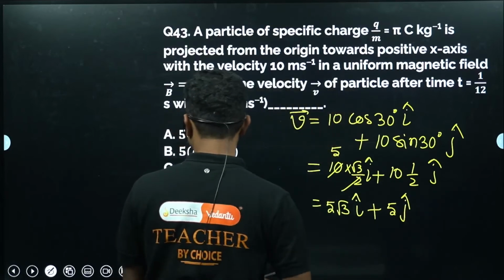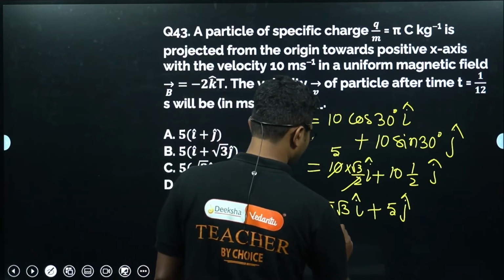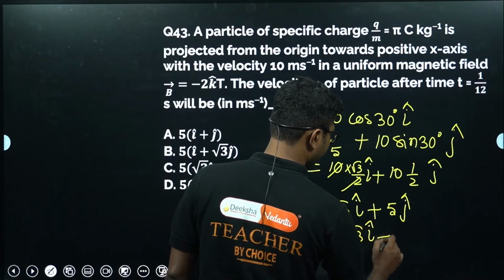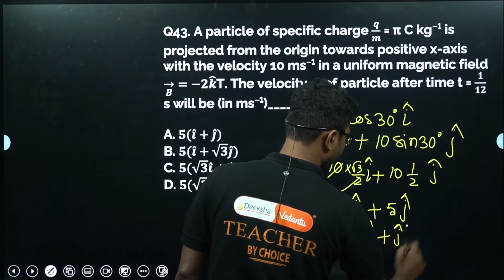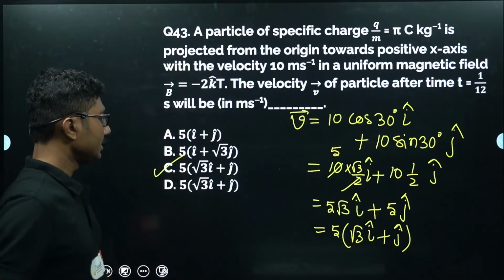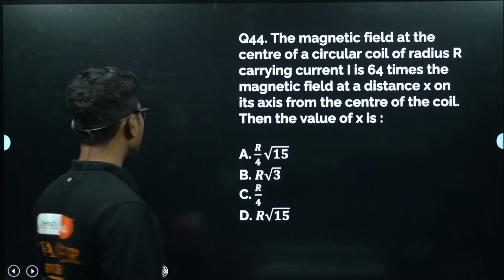Okay. So, the correct answer, if you take 5 common, root 3 i cap plus j cap. This is the correct answer. So, correct option is option C. Okay. Now, let us move on.